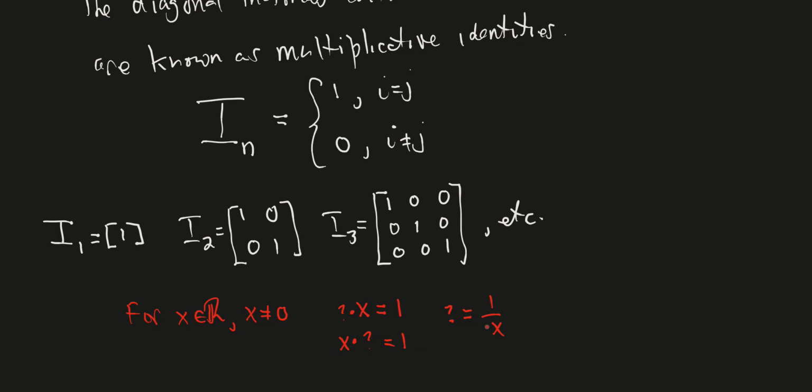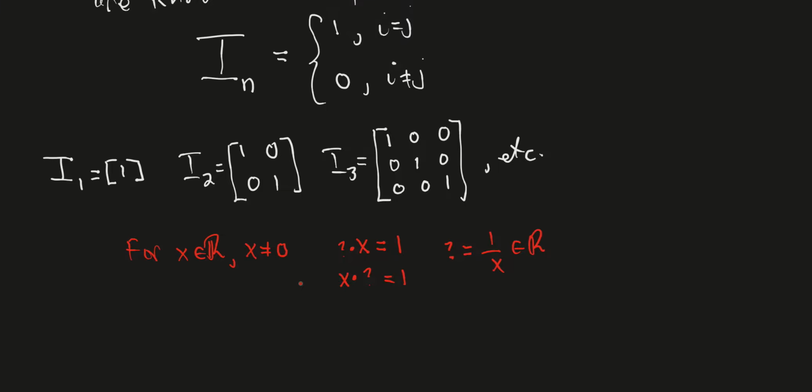The reciprocal of any other real number is another real number. So what we say is that for all real numbers that are not equal to 0, x and 1 over x are what we call multiplicative inverses.